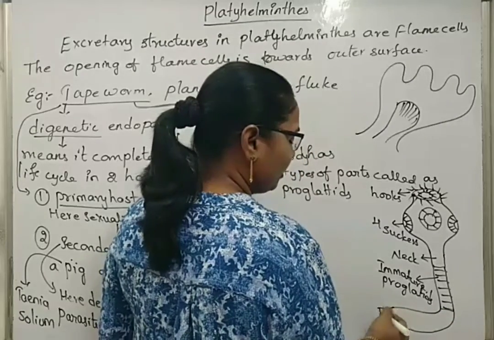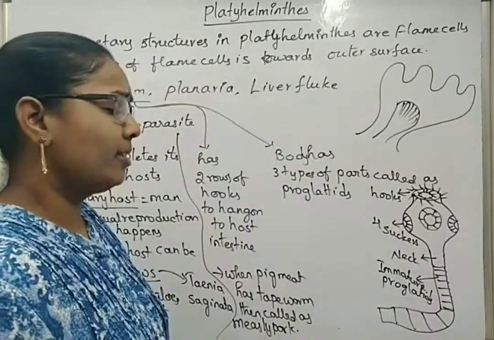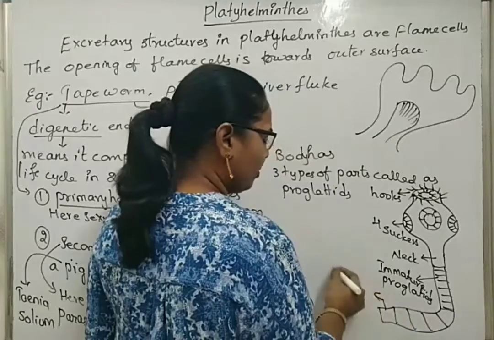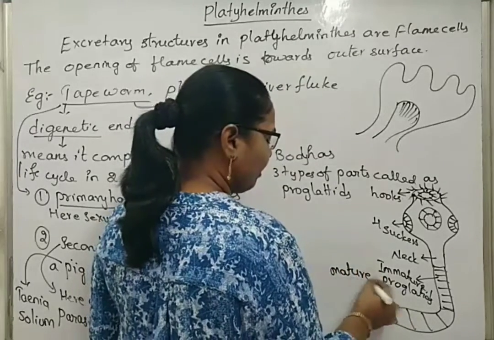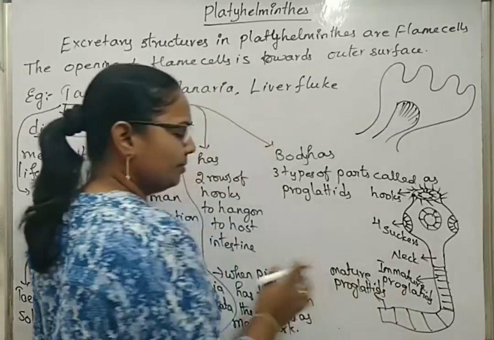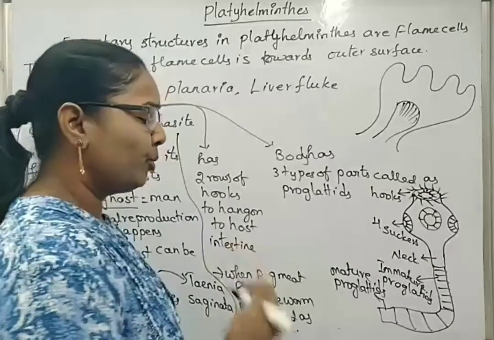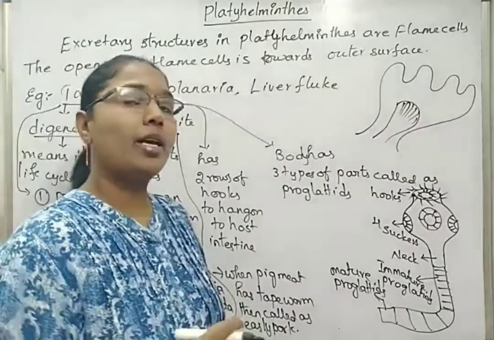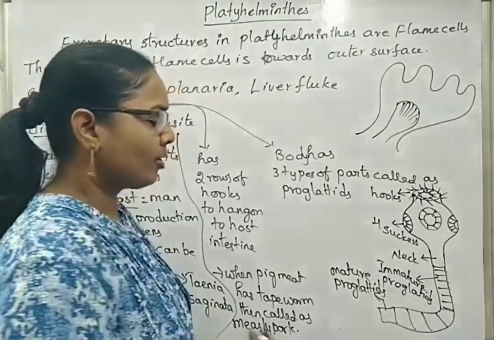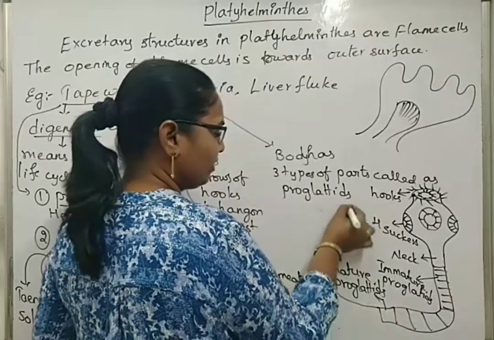After that, there will be slightly matured proglottids where sexual reproduction happens. These are mature proglottids where fertilization happens, and 2 types of larvae are seen: the oncospore or hexacanth larva, and the cysticercus larva or plerocercoid larva.